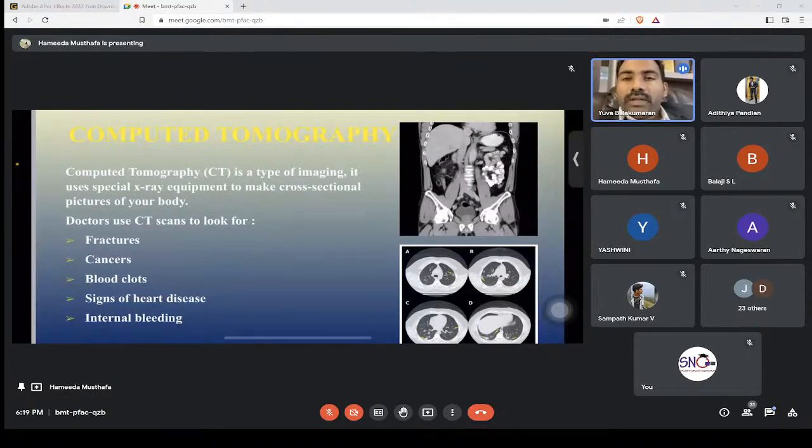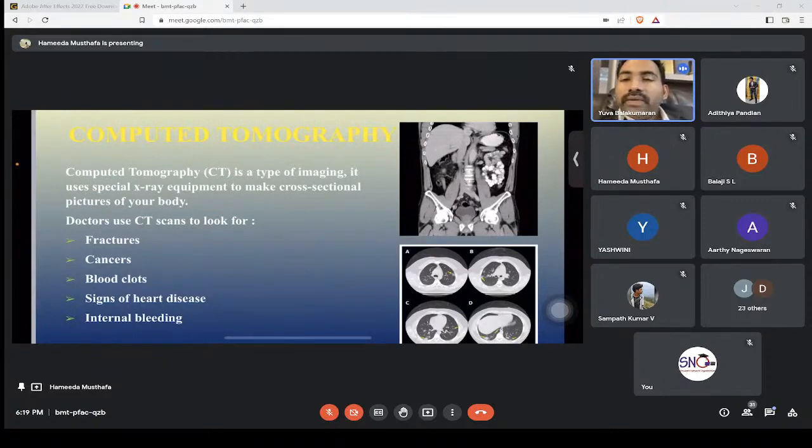Then blood clots. If somebody is injured by any trauma or due to stroke, we have to look at the brain. For that, we have to take a CT scan of the head, and we have to look for any hemorrhage or infarct. Then heart disease.